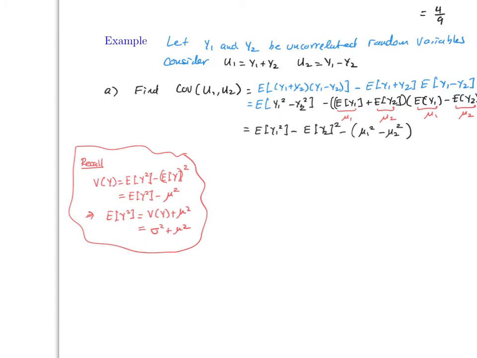So if we use that in here, we will end up with this part being sigma 1 squared plus mu 1 squared minus, this will be sigma 2 squared plus mu 2 squared, and then minus mu 1 squared plus mu 2 squared. So notice how this will cancel with that, this will cancel with that, and this would just be equal to sigma 1 squared minus sigma 2 squared.